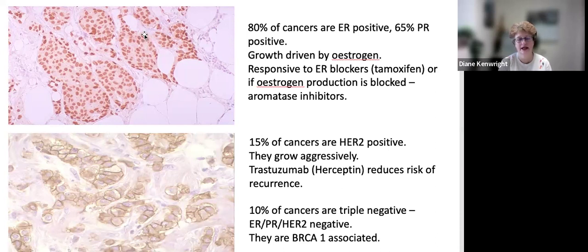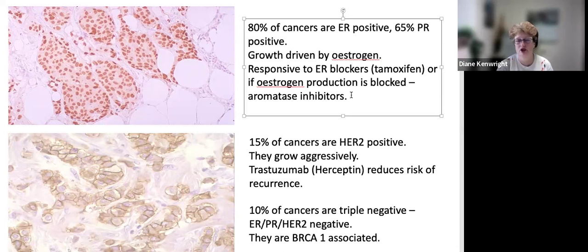So we stain the nuclei with antibodies towards the estrogen receptor, and we can see that these cells are positive, and this means that this cancer is very likely to respond to manipulation of the estrogen environment, such as either estrogen receptor blockers like tamoxifen, or reducing the amount of estrogen production like with aromatase inhibitors.